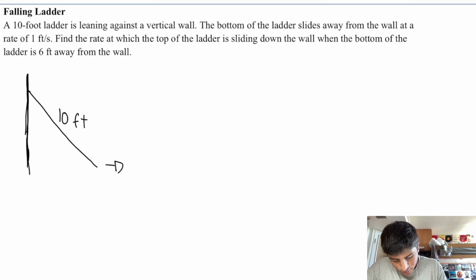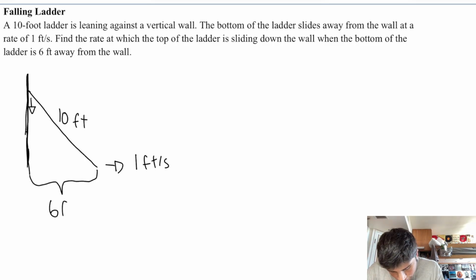Okay, so this is moving at 1 foot per second. And we know that if the bottom is sliding, the top also must be sliding down. And the bottom of the ladder is 6 feet away from the wall. So this is 6 feet.